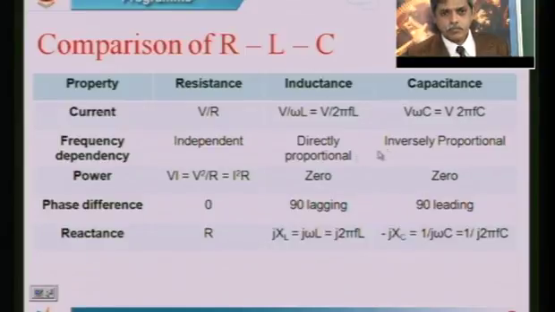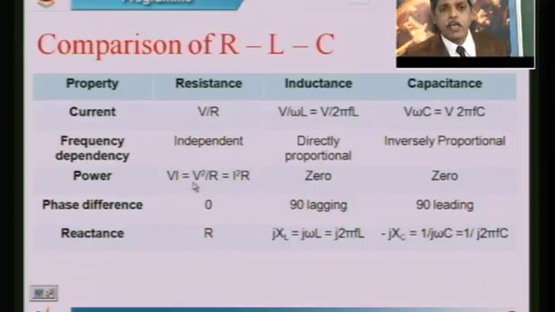Why I am saying directly proportional means this inductive reactance is given by 2 pi FL. So, therefore, that L value, you can see here the last reactance value. So, that is what here it is inversely proportional.